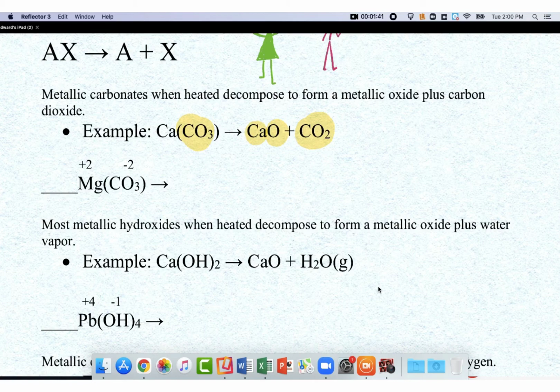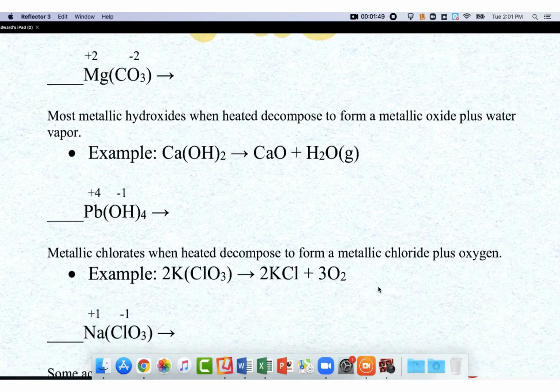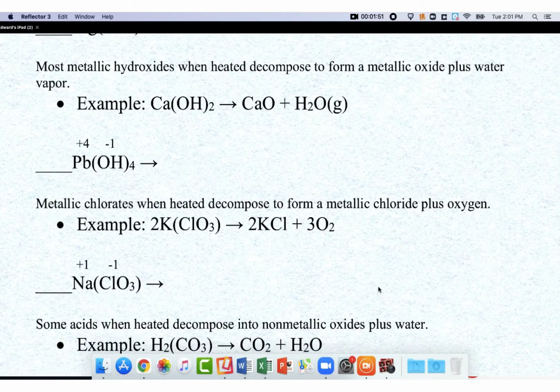Well, they're both +2. So this one may not balance very much different, but sometimes they balance differently because they're different compounds. All right, let's look at the next one. This next one is a hydroxide. So it's with an OH. So if you have calcium hydroxide, when it splits apart, it's going to form the calcium oxide again, or a metal oxide, and then it's going to form water in the form of gas.